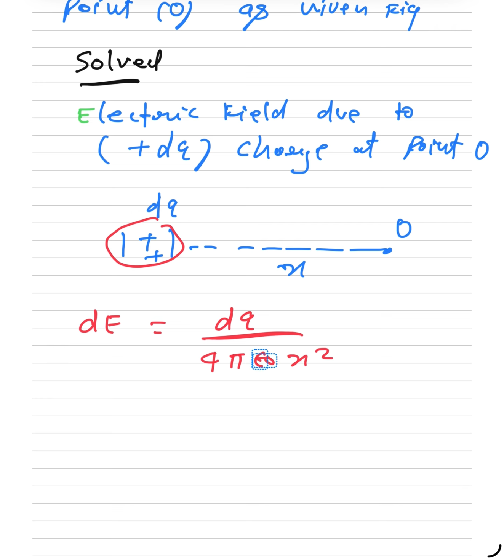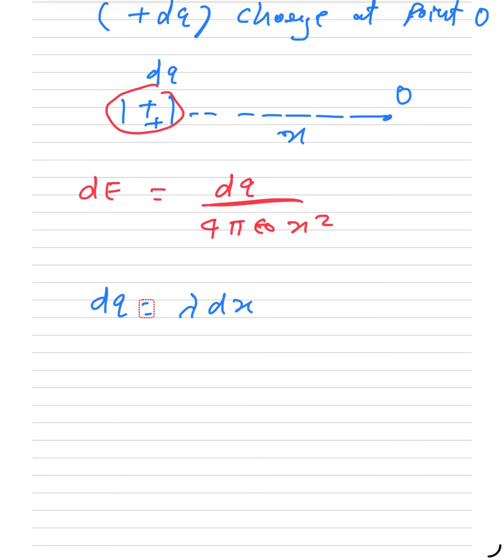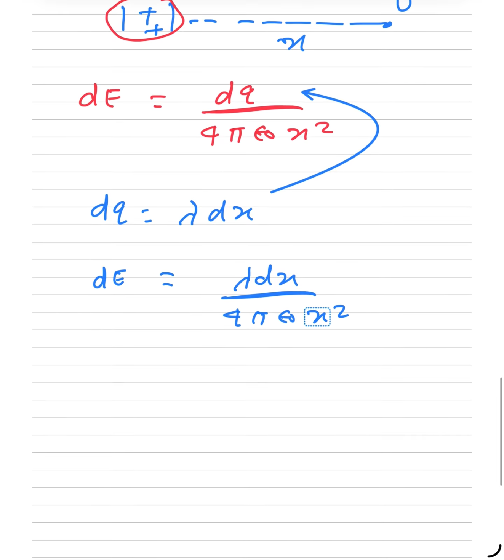Now using the value of dq, a small amount of charge, dq equals lambda times dx, because lambda is the linear charge density, right? Put this value here, then the electric field E equals lambda times dx divided by 4 pi epsilon naught x square.